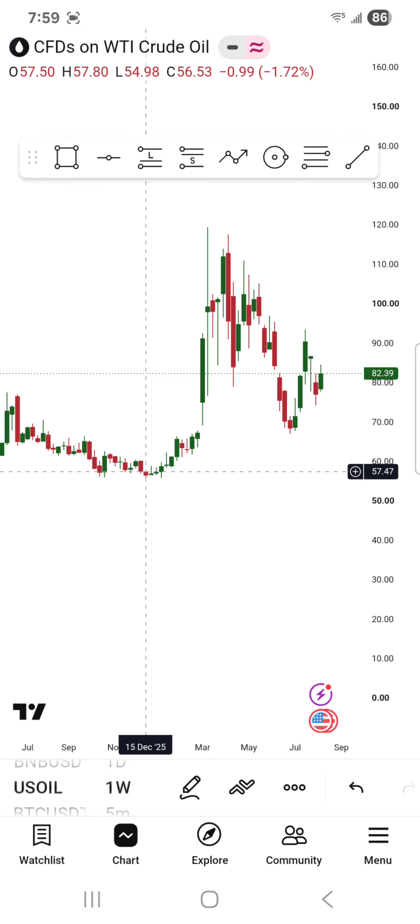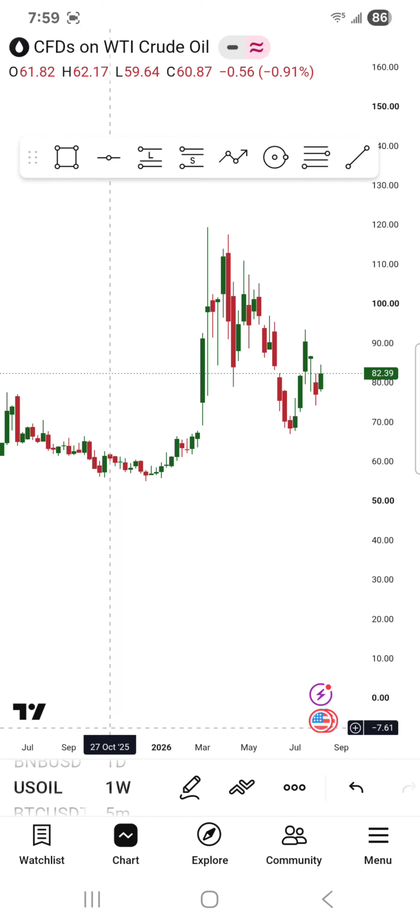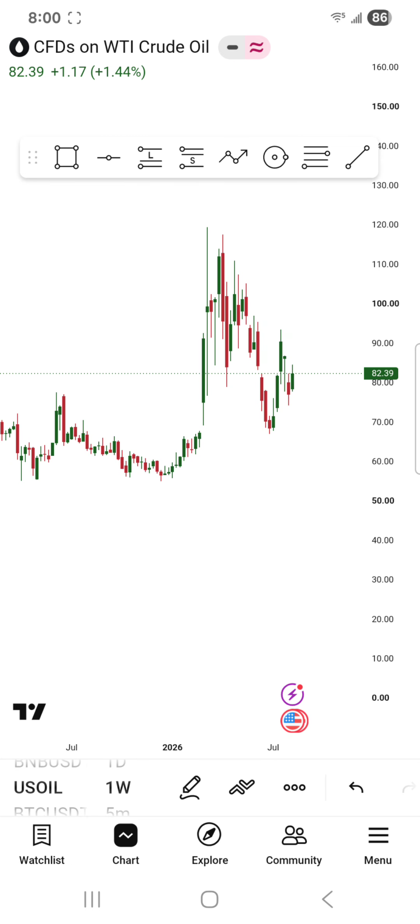When you click and put here, we look at this area, and we can see clearly that this candle is on the 27th October 2025. From 27th October to now is how many months? We are talking about almost 7-8 months, if I'm not mistaken.